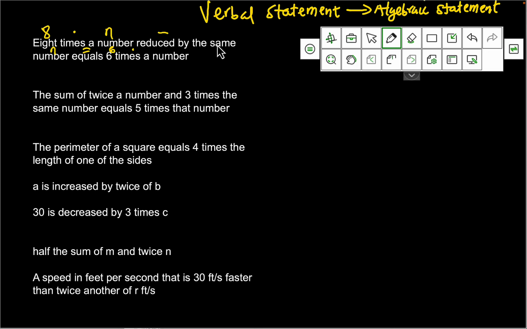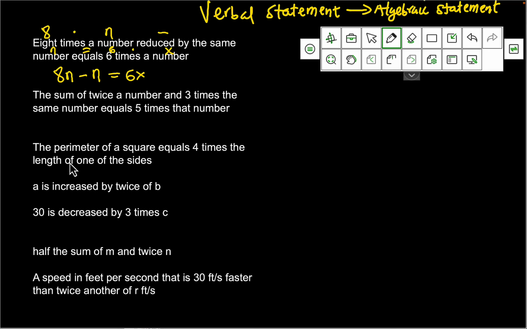Is reduced by the same number, which is representing the same n here, but by a number. We don't know that, so let's say x. So now this is going to wind up as 8 times n, which will be 8n, minus the same number n is equal to 6 times a number x.